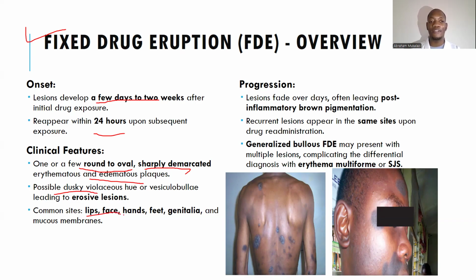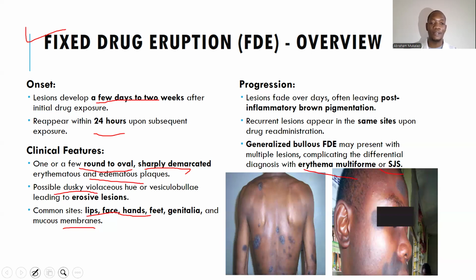Commonly seen on the face, hands, lips, genitalia, and even mucous membranes can also be affected. What is peculiar in this case is that every time someone gets exposed, the reaction occurs at the same site. FDE can complicate into SJS, or sometimes even TEN.